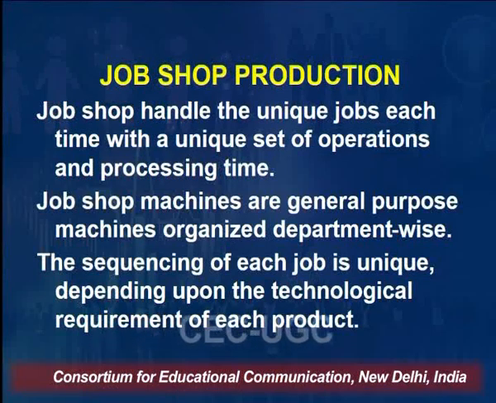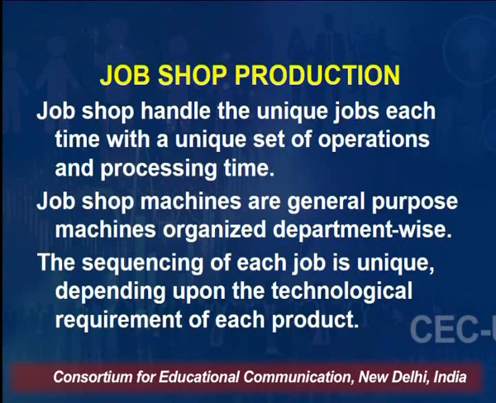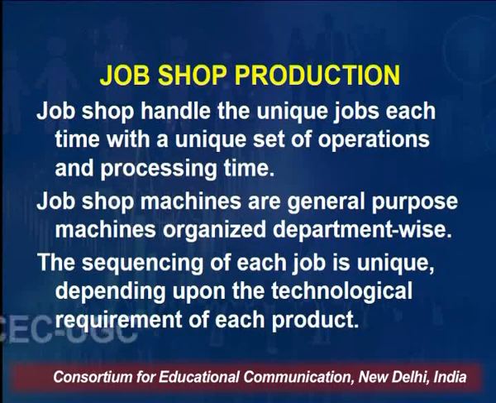So further we see that in job shop production, we handle unique jobs each time with a unique set of operations and processing time. Job shop machines are general purpose machines organized department wise. The sequence of each job is unique depending upon the technological requirement of each product.